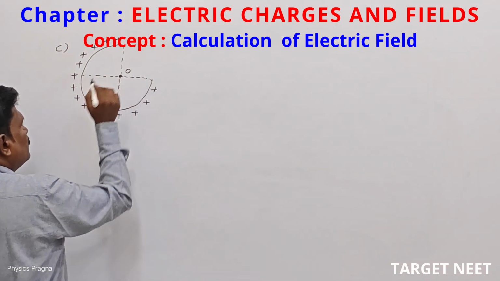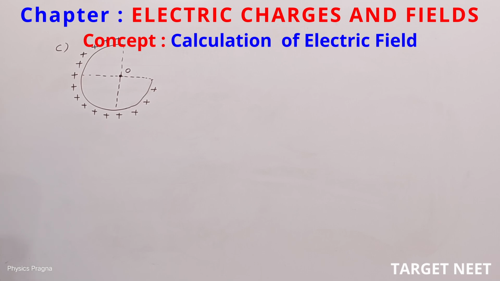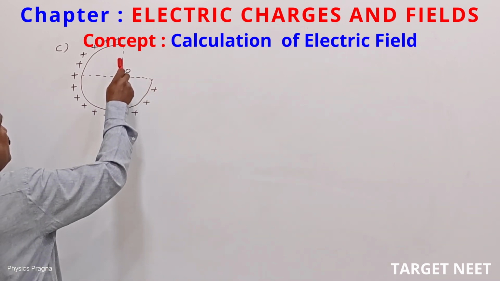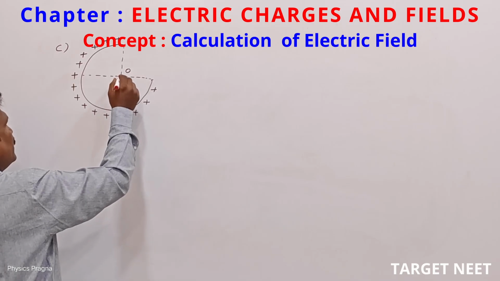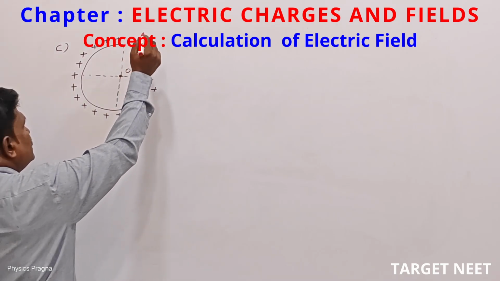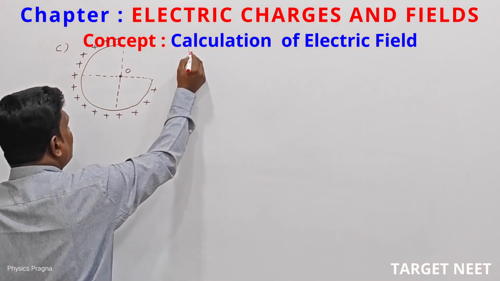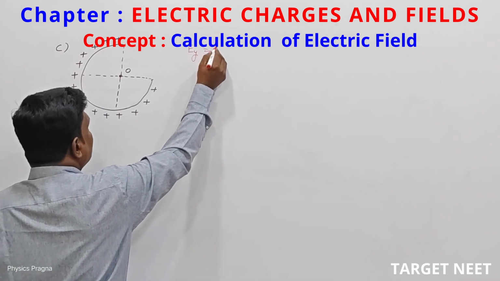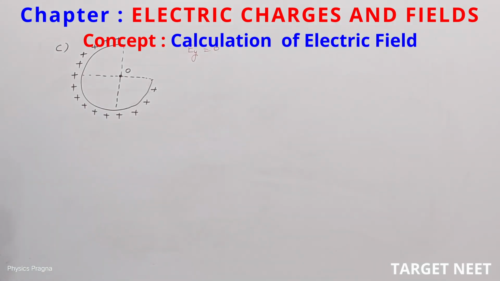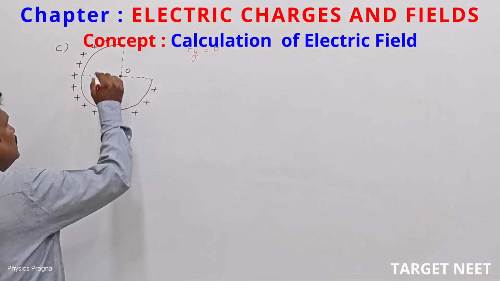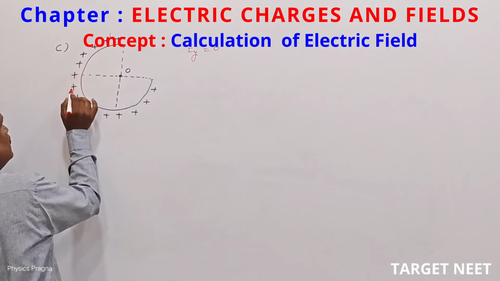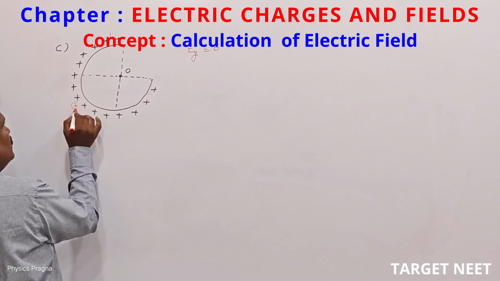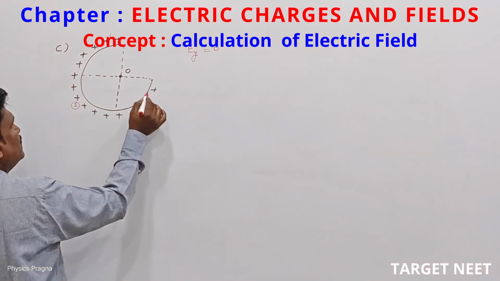This is the center O. Here what happens? The y components will cancel each other, and the y component here is equal to 0. The y component in this is 0. 45 degrees and 45 degrees. So here this is 1, this is 2 and this is 3.